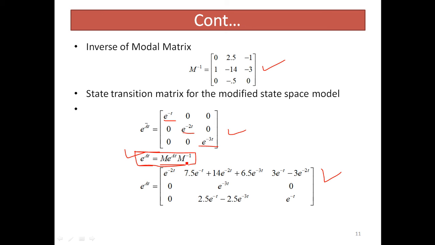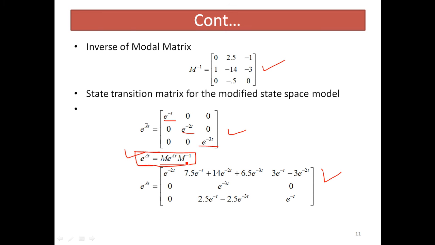M is the modal matrix. e raised to Λ bar t is the matrix having diagonal elements e raised to lambda 1 t, e raised to lambda 2 t, e raised to lambda 3 t. So the diagonalization method is much easier to calculate. However, in case of illustrations, you will find some difficulties.